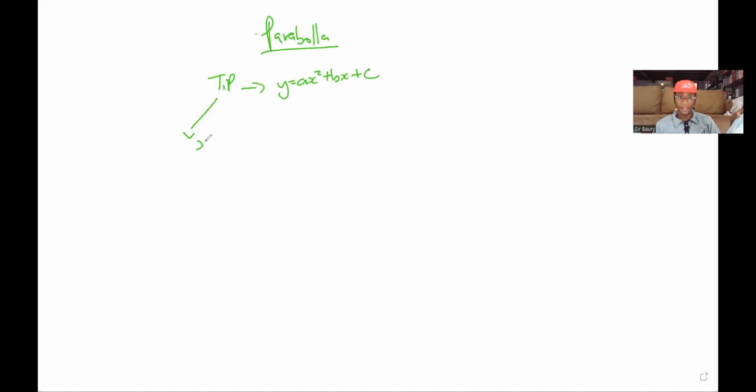X is equal to minus b over 2a. That's going to give you the x coordinate at the turning point, and it's also going to give you the axis of symmetry.